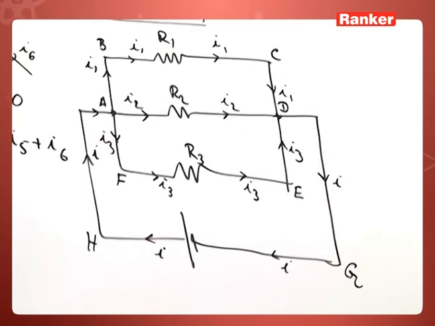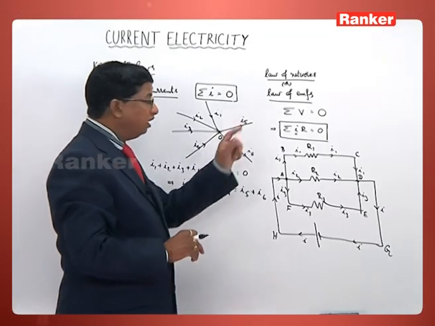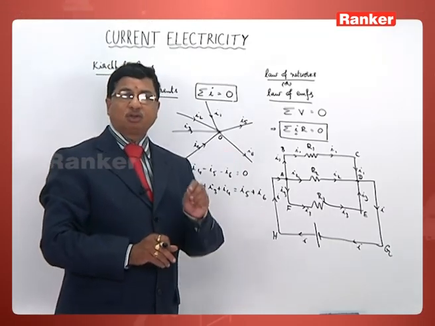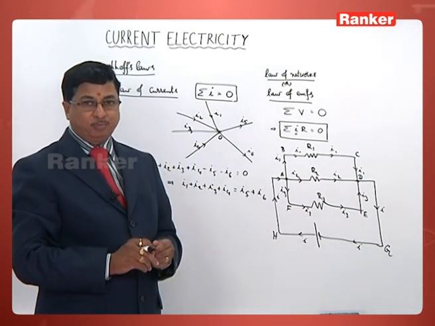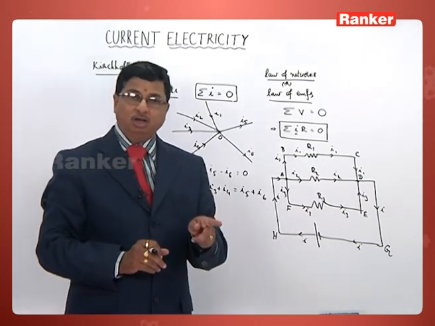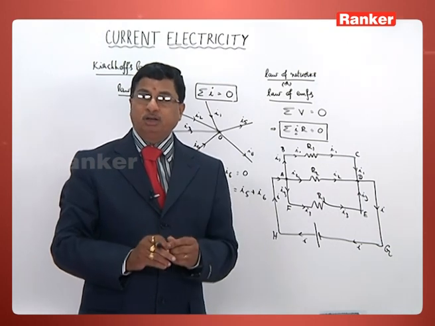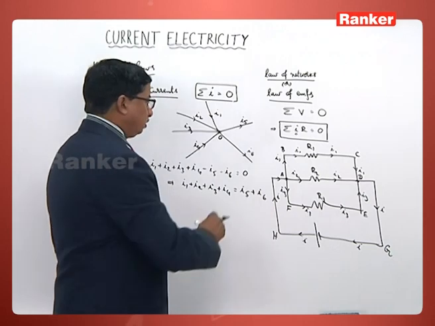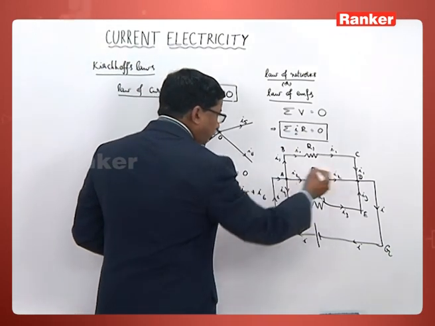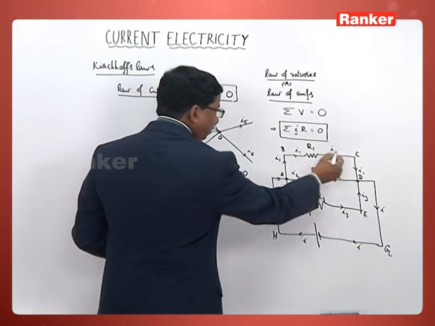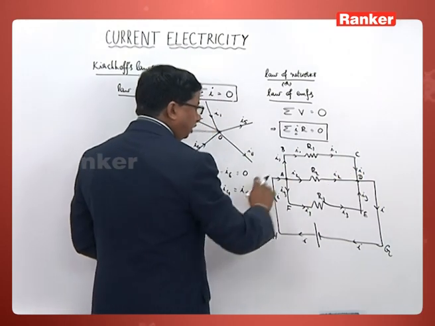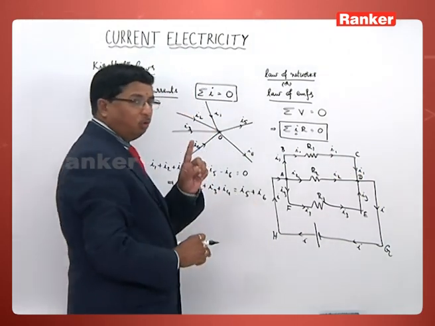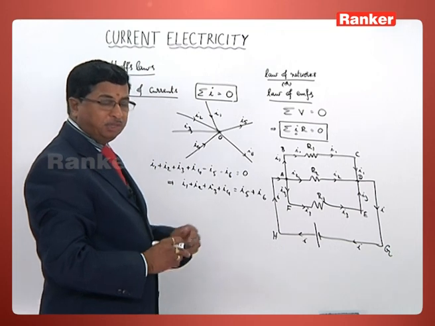One should understand first of all, to apply second law, what is a closed electrical network? When can we call that network a closed one? What is the condition that is needed for that? Let us consider in this circuit A, B, C, D, A is said to be one closed network. That means what?